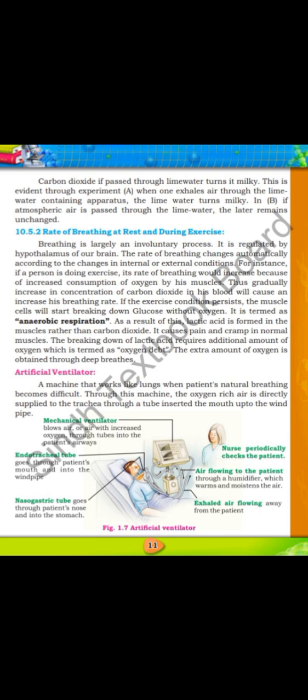And if the exercise condition continues, the muscle cells will start breaking down of glucose without oxygen, and it is termed as anaerobic respiration.